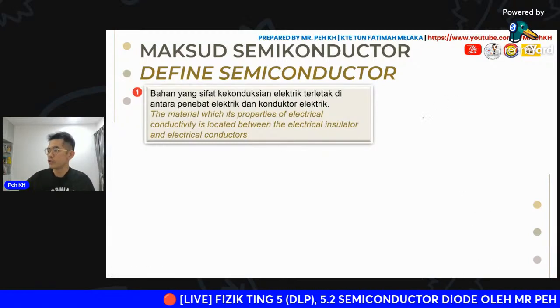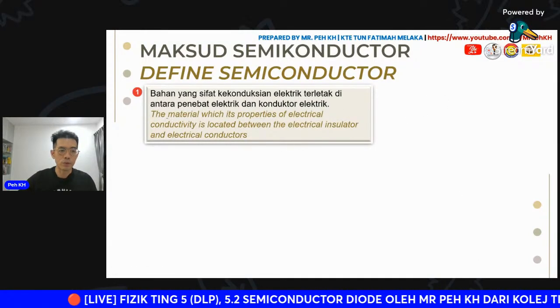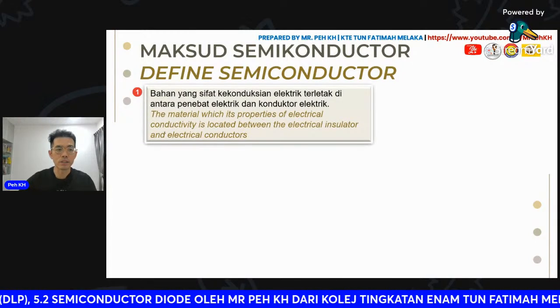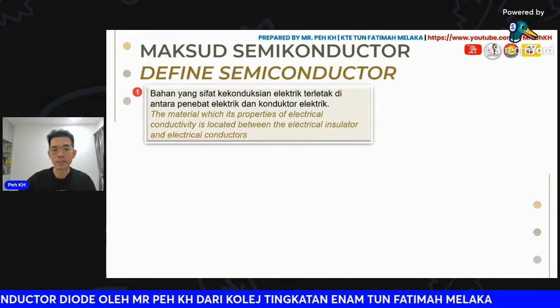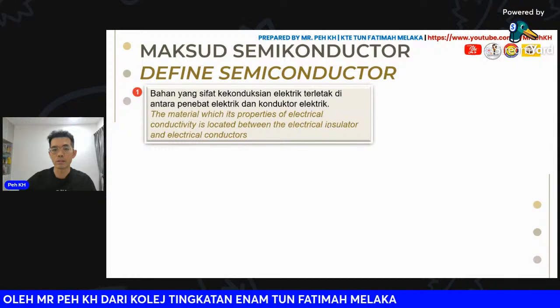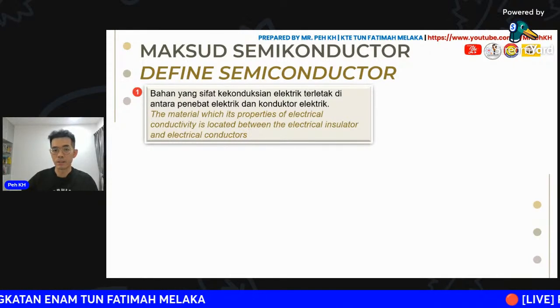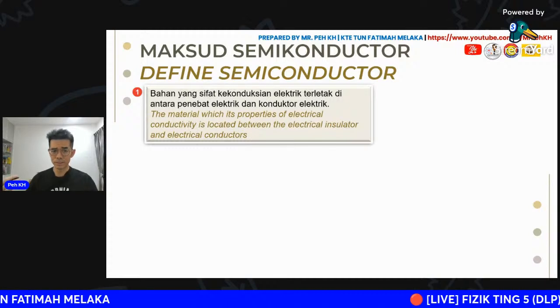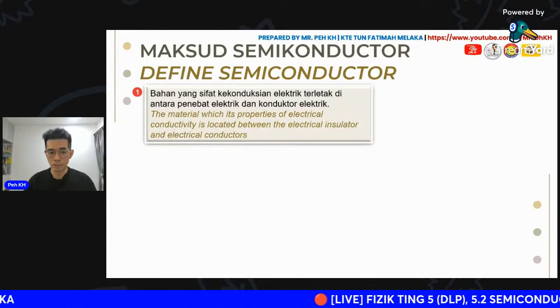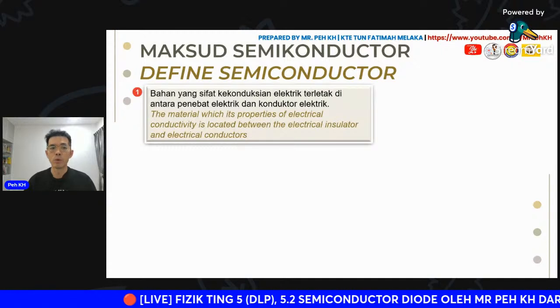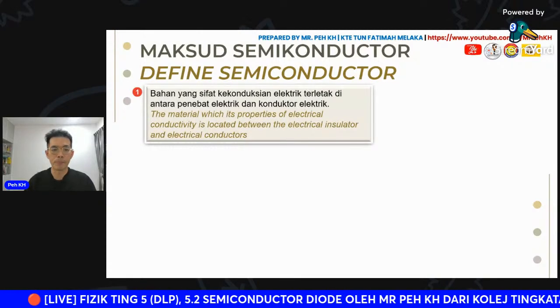It is a material whose electrical conductivity is located between the electrical insulator and the electrical conductor. That means the electrical conductivity of a semiconductor is better than an insulator, but poorer than a conductor.